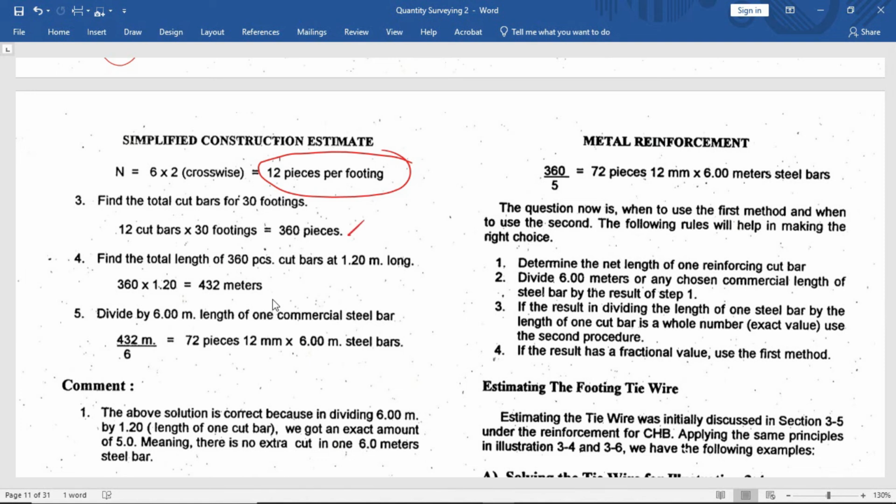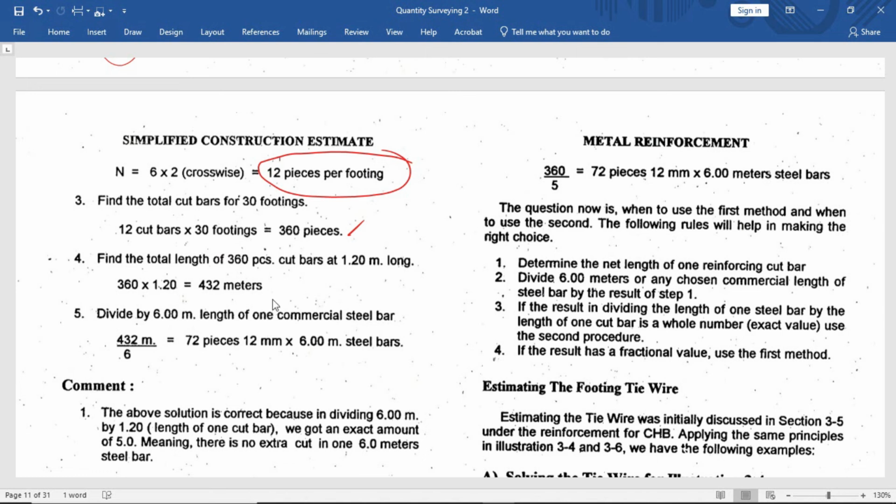So, find the total length of 360. Ito yung para sa solution 2. So, 360 times 1.2 is equal to 432 meters.